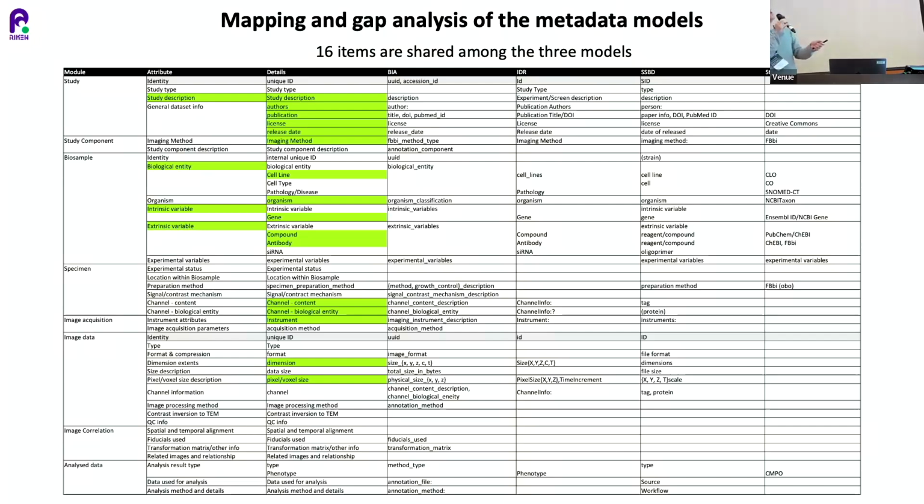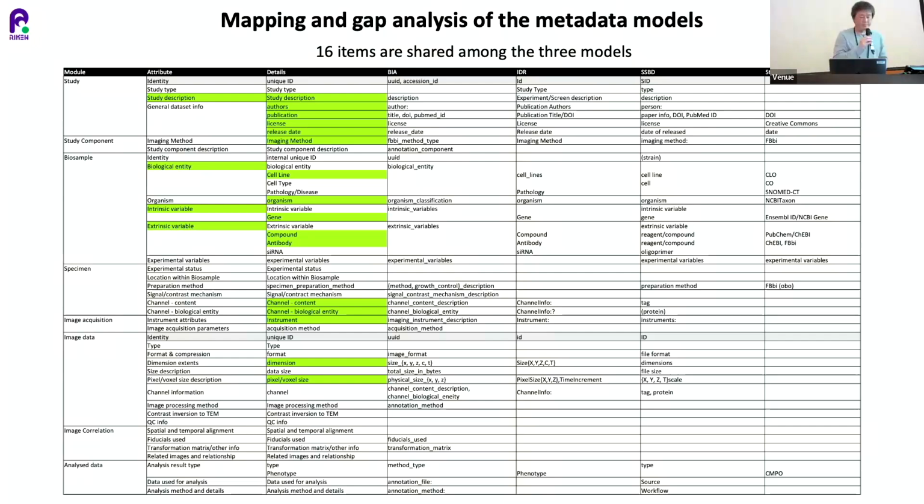There are 16 items, so we have some shared input in the metadata model. The white ones are where only some of the repositories have input. Since we already have overlapping input in those 16, they are easy to start with for harmonizing.